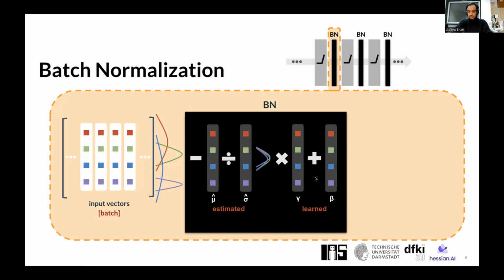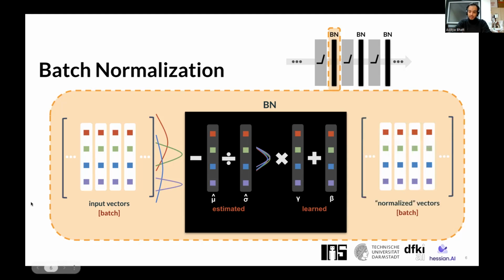So that's why they include these two extra vectors. So that's the learnable scale and shift. And once you apply these transformations, you get the so-called normalized vectors. Of course, it's not really normalized, right? They're actually denormalized afterwards in a more controlled manner with gamma and beta, but that's what they call them. Important caveat to remember.